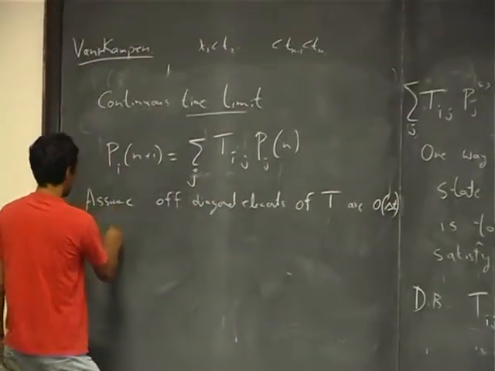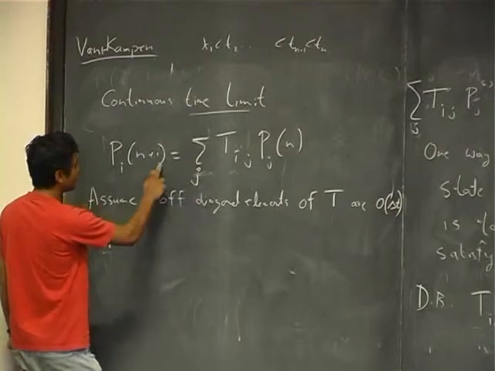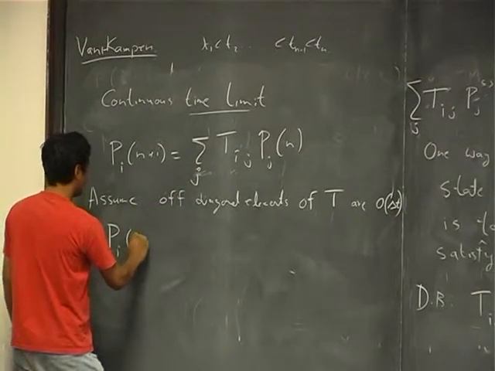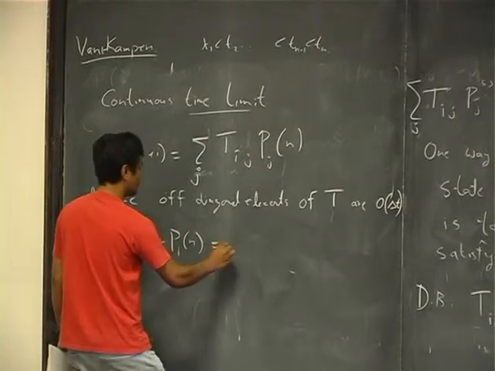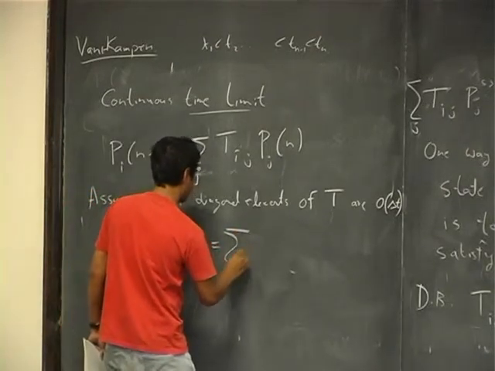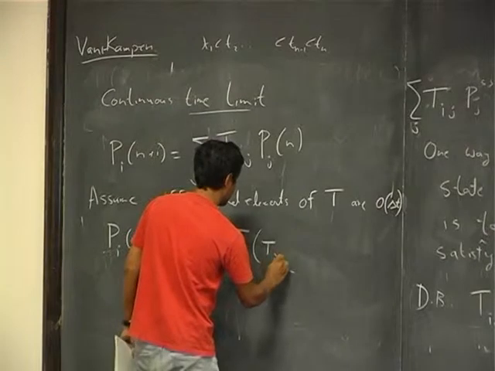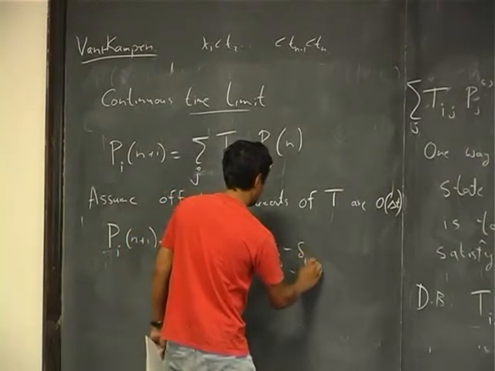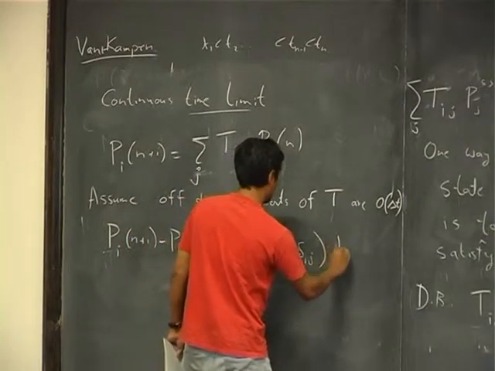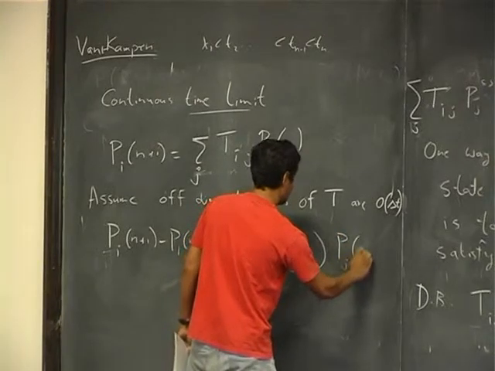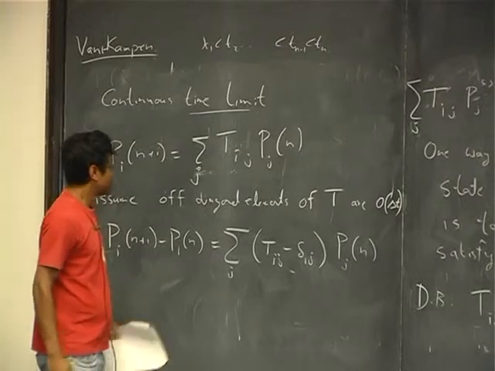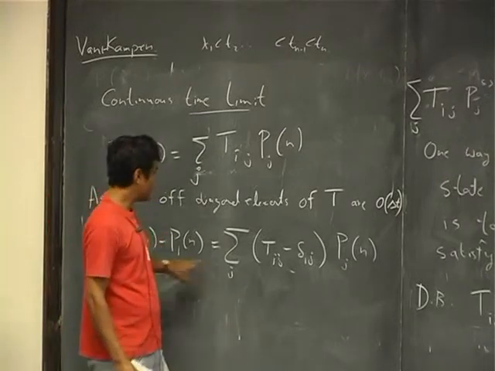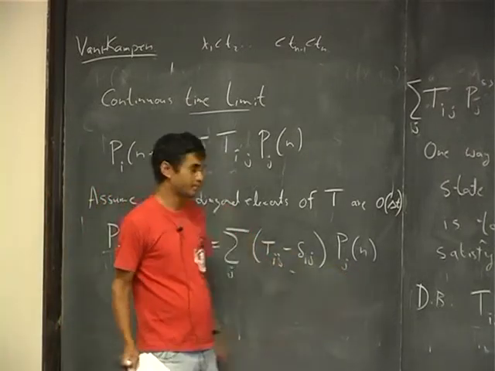Okay, so now if you want to go to the continuous time limit, basically we take pi n plus 1 minus pi n is equal to... So I've just written pi n as delta ij times pj.